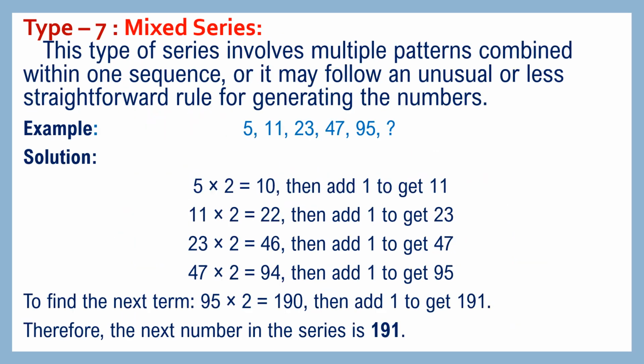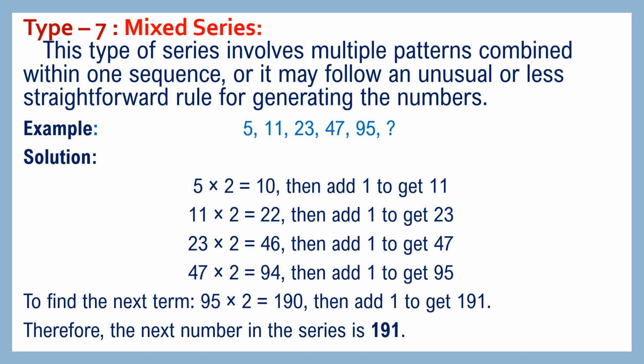Now we are moving to type 7, which is mixed series. This type of series involves multiple patterns combined within one sequence, or it may follow an unusual or less straightforward rule for generating the numbers. For example, the given numbers 5, 11, 23. First three numbers I am taking.